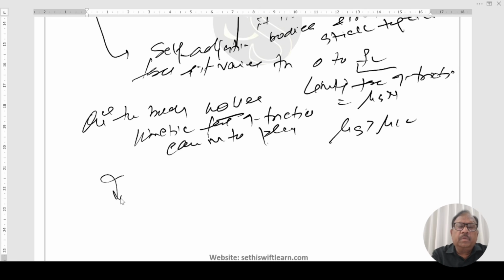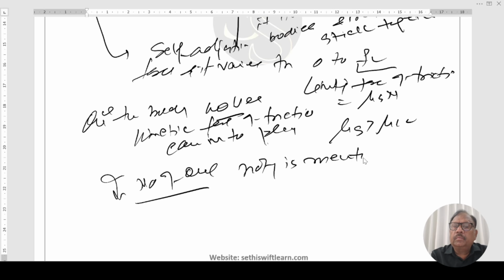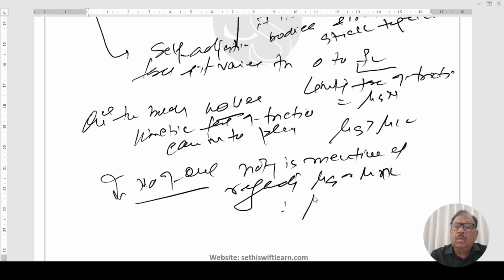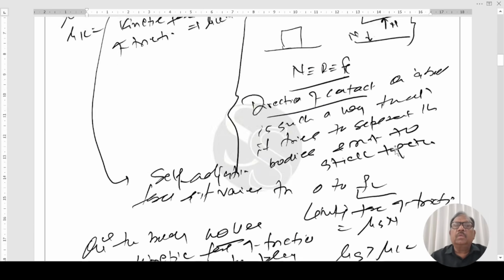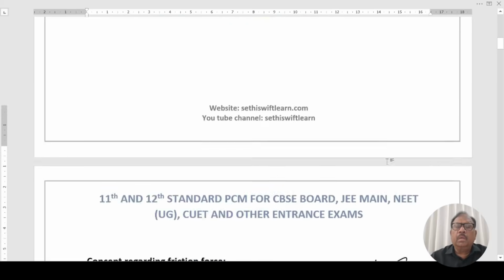In a number of questions, if nothing is mentioned regarding mu s or mu k, then mu will be considered as mu s as well as mu k, that is, mu s equal to mu k, right?